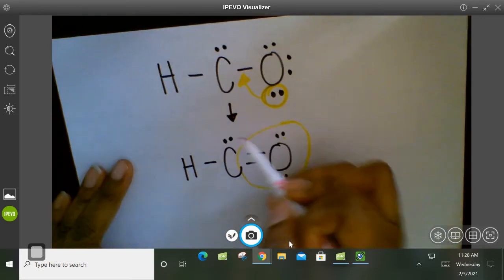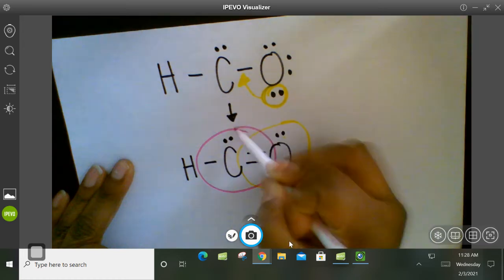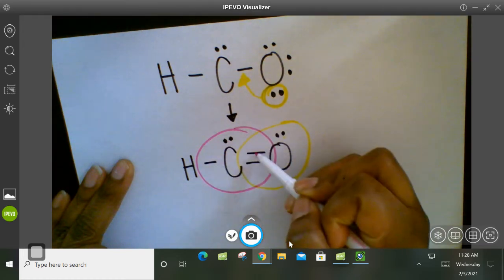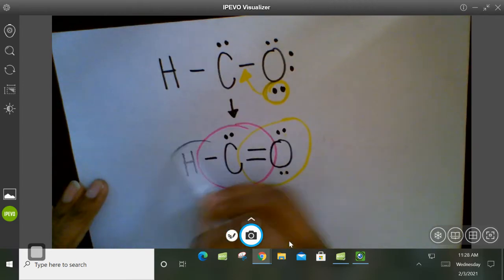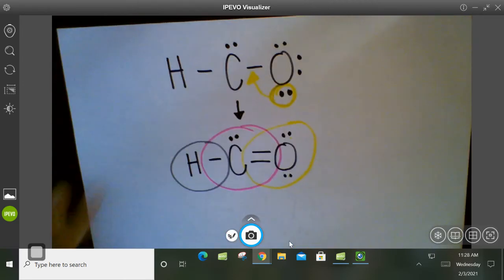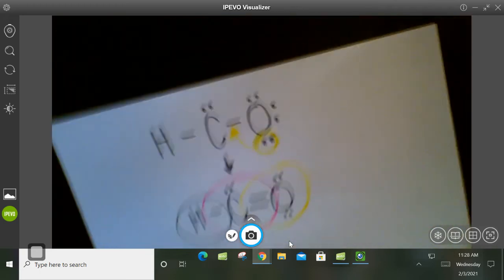Around the carbon, I have 2, 4, 6, 8. And I still have the 2 around the hydrogen. So I have achieved octets and duets respectively, and I've used the 12 electrons that I had to work with. So that one is complete.